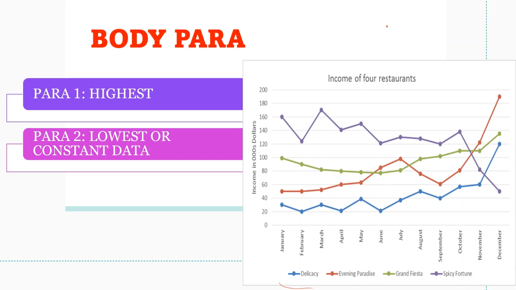That is why I always tell my students to go for the highest or most significant, the most striking feature, which is most important, in BP1. And in BP2 go for the least important and lowest.